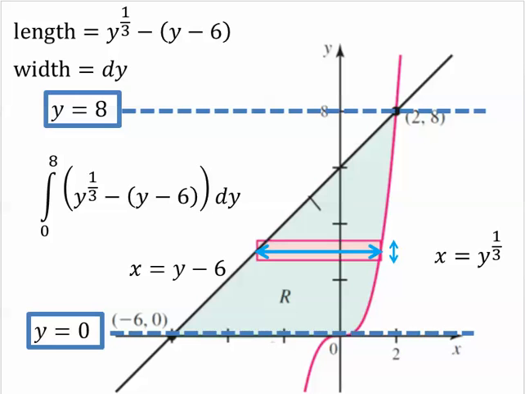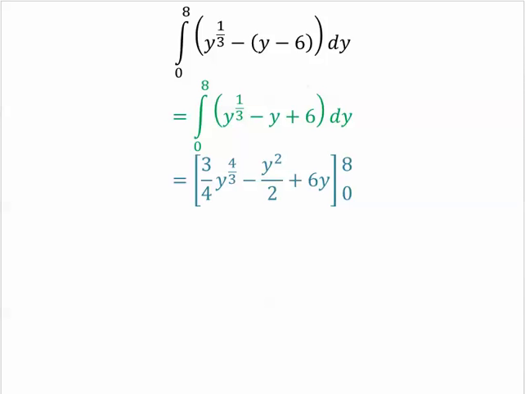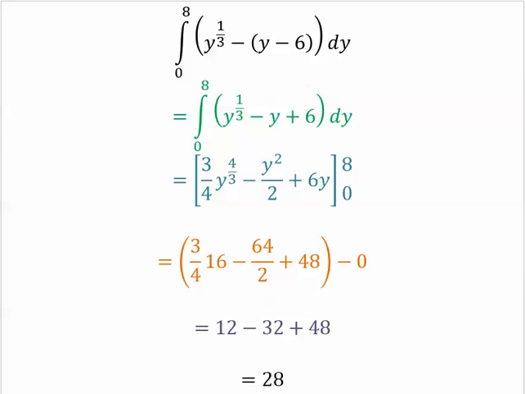The only thing we have left to do is to go ahead and integrate and evaluate. So find the antiderivative. Before finding the antiderivative, you can simplify the integrand. Then find the antiderivative and evaluate. When you evaluate, you get 28 square units.